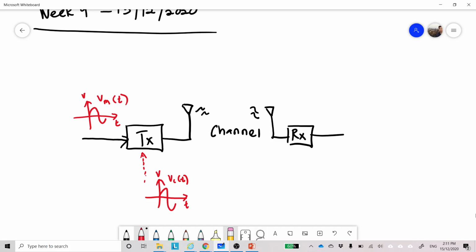Bermakna dalam phase modulation kita telah melaksanakan juga secara tak langsung frequency modulation, dan juga sebaliknya dalam FM secara tak langsung kita juga telah melaksanakan phase modulation. So both FM and also the PM are related to each other. Okay, they are indirectly related to each other.